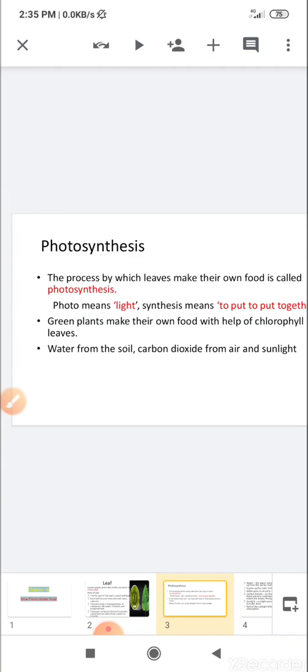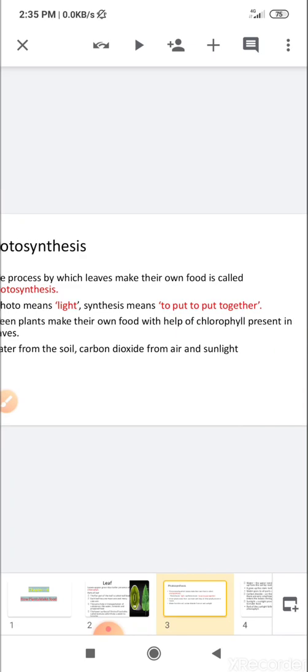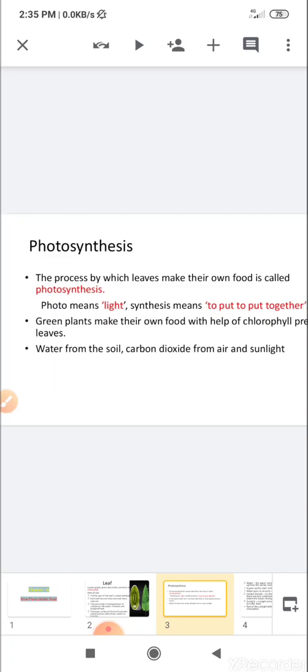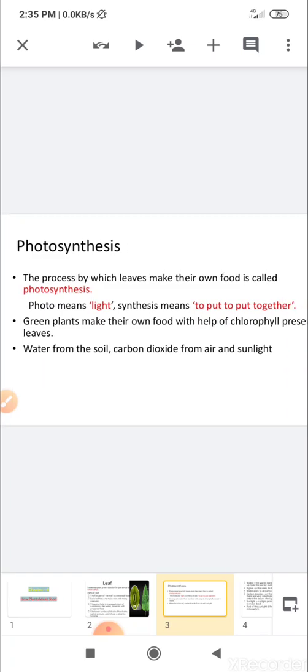Green plants make their own food with the help of chlorophyll present in leaves. So, chlorophyll is the reason why the plants appear green, and it also helps plants to make their own food. Children, do you know non-green things such as mushrooms cannot make their own food because no chlorophyll is present in them.